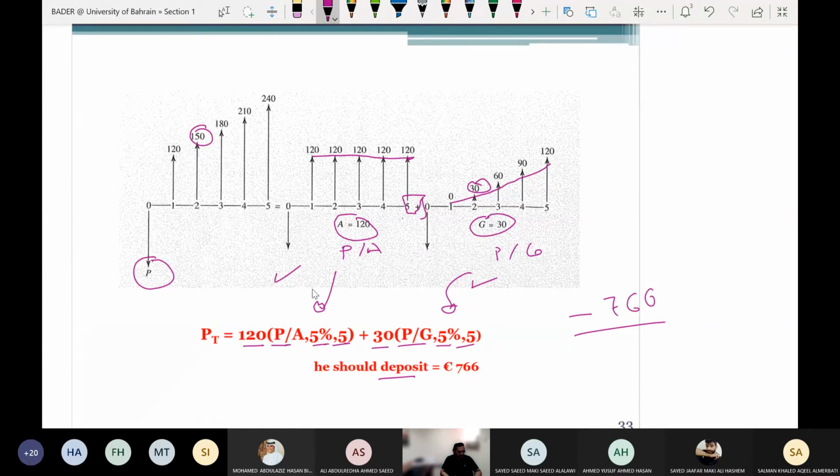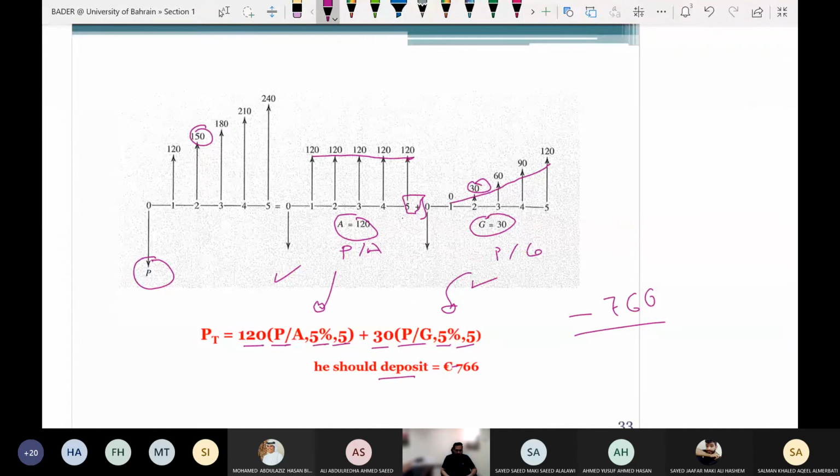But I cannot in English write "deposit minus 766." Can you say I went to McDonald's and I ordered a meal for 5 dinars, or actually minus 5? You don't say minus, you say I ordered. It means out of your money you're going to spend. Okay, this is only language or sentence based.